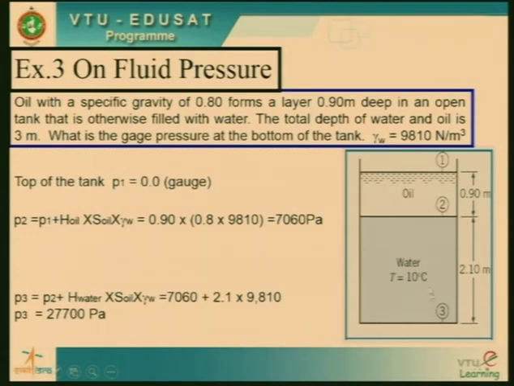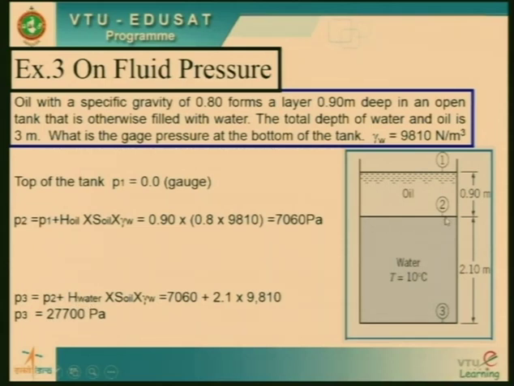Now let us go to the bottom. He is not asking you to calculate at the interface. He is asking what is the gauge pressure at the bottom of the tank. Where is the bottom? Here. Bottom of the tank is represented by number 3. P3 is equal to P2 plus the height of the water.